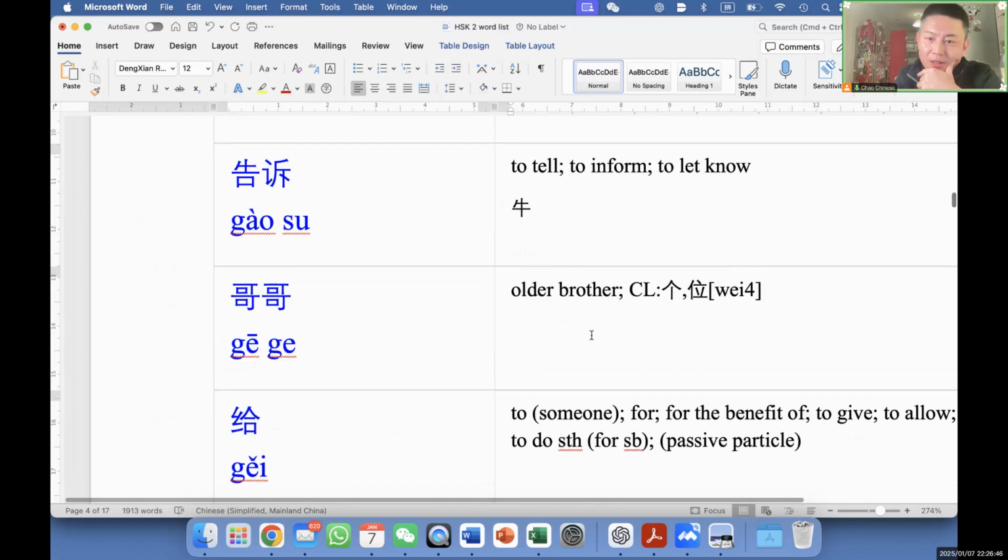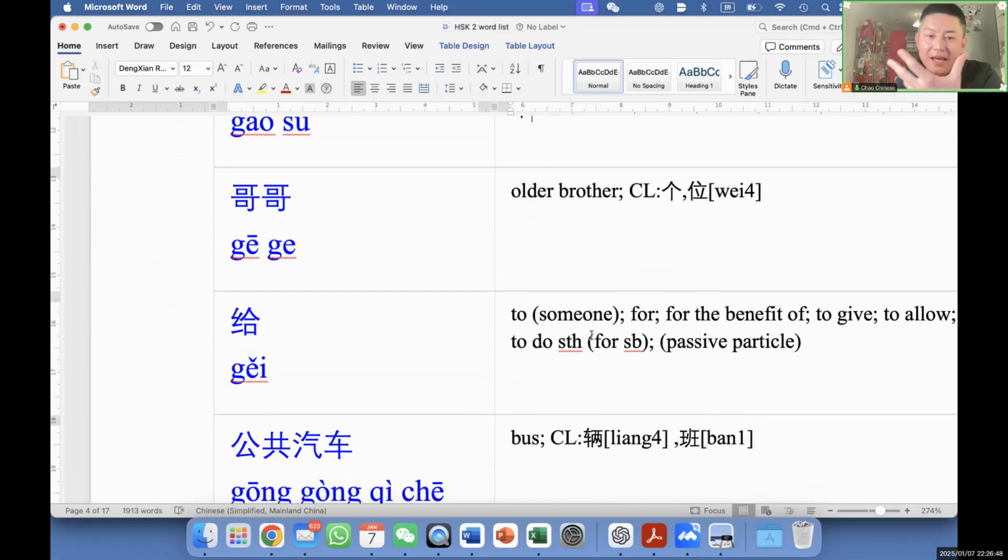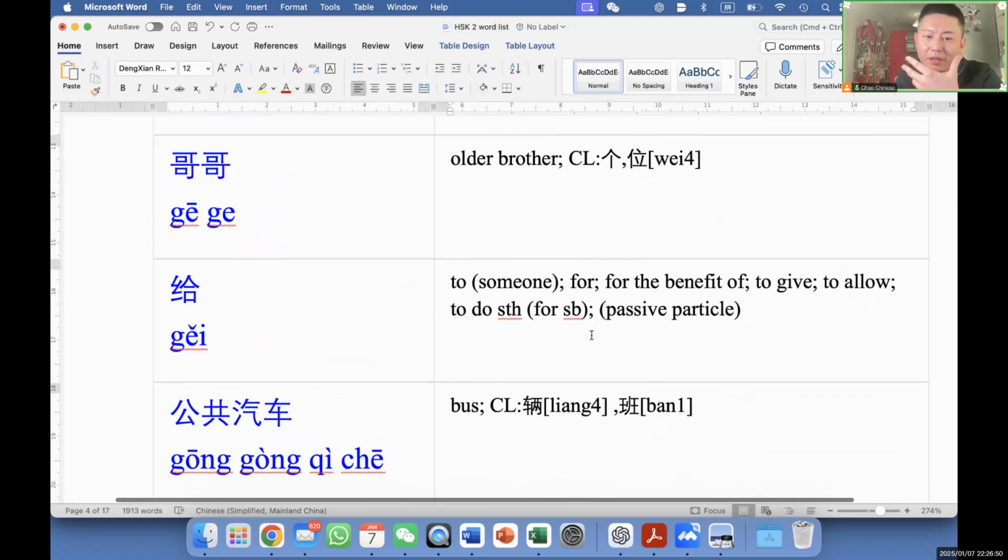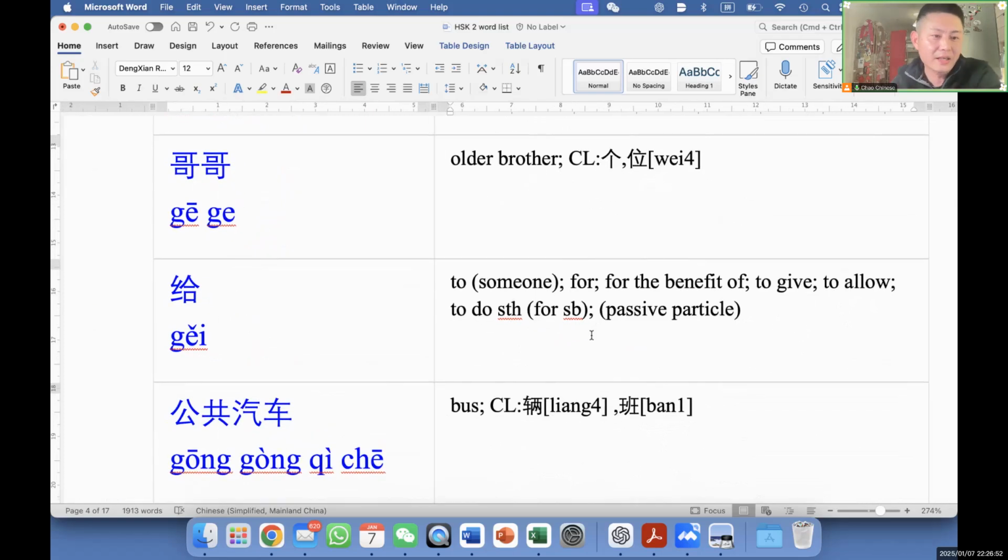哥哥, older brother, to 给 something to somebody. 我给你 something, 你给我 something else. This 给 can also be used as some sort of a preposition, like 我给你打电话. You can't really translate that into I give you make a phone call.